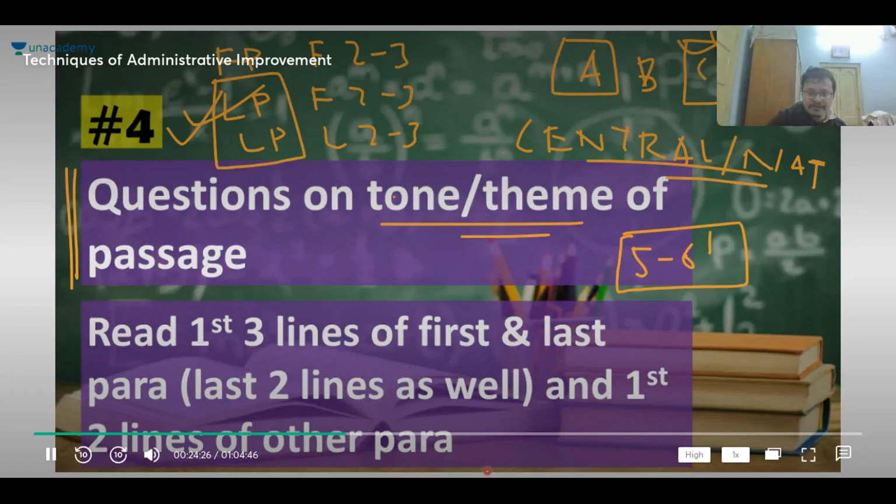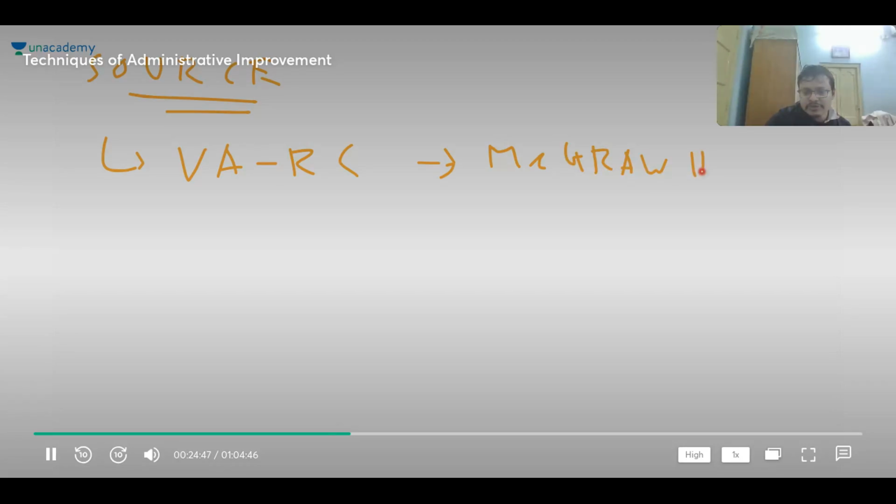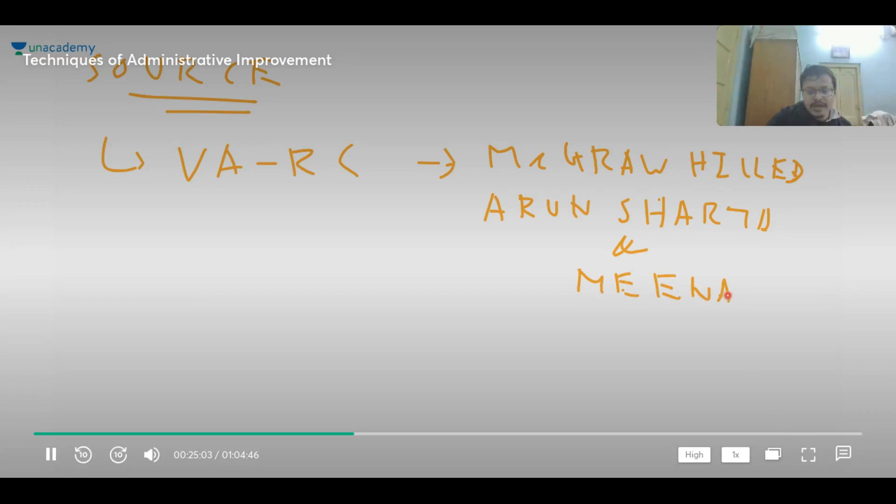Before we move forward, I saw Rahul asking a question on what are the sources to prepare RCs from. VRC doesn't have many good books to be very honest, but possibly the only book that you can refer to is the one by the McGraw-Hill Education group, by Arun Sharma and Meenakshi Upadhyay ma'am.